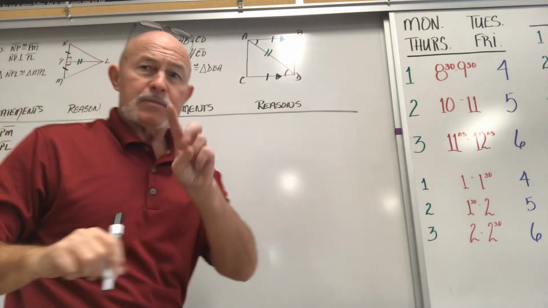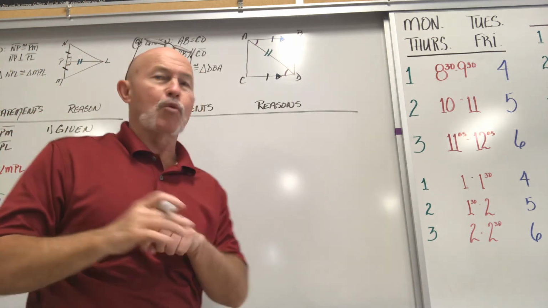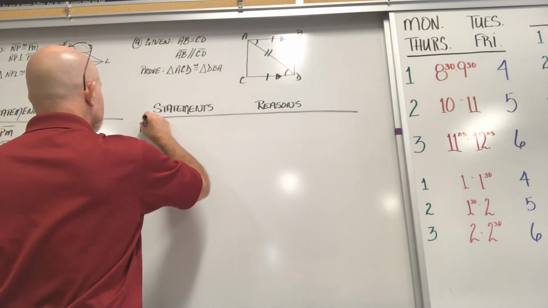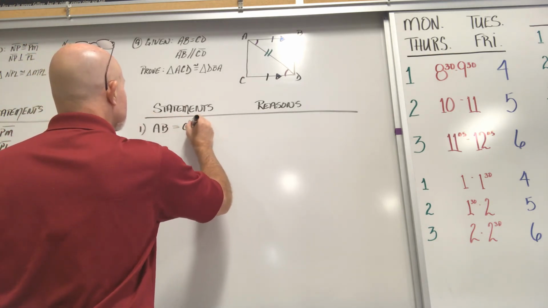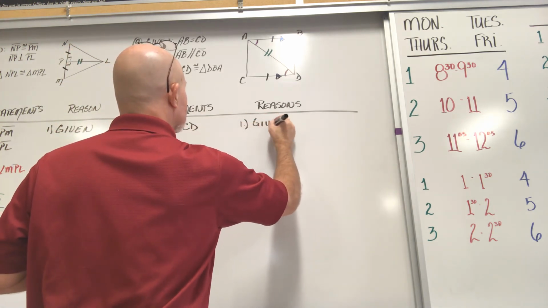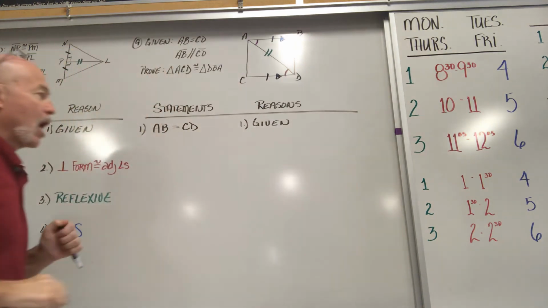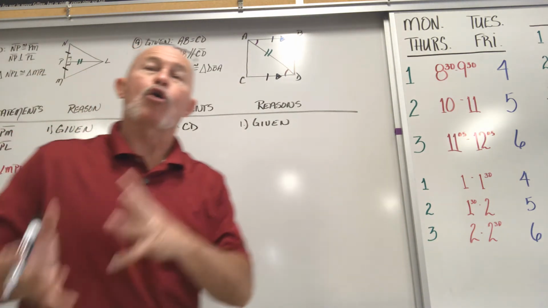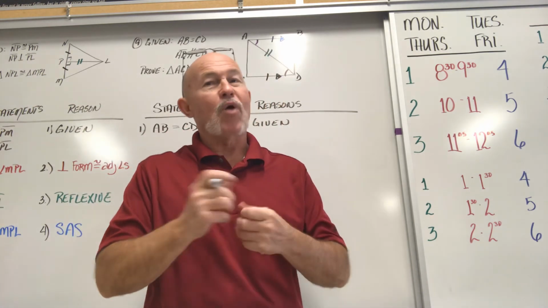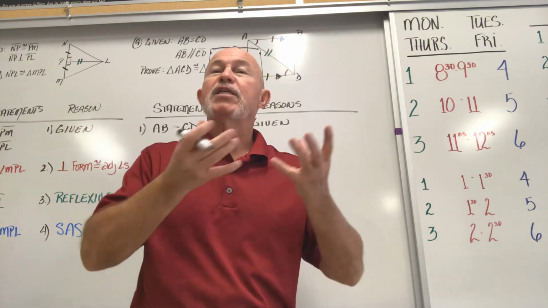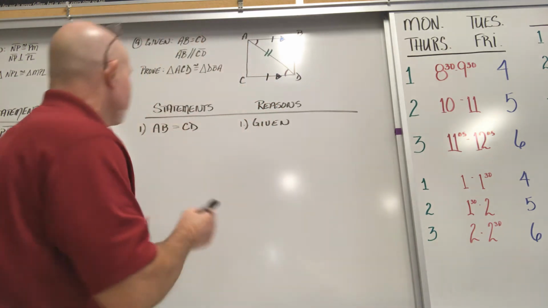Now on this one, I'm going to separate the givens, and you'll see why in a second. I do that because we're trying to prove triangles are congruent, so I do have to rewrite this as congruent segments. And here's what I'll do.